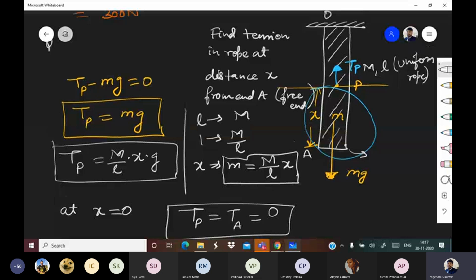Capital MG. Why? Because if you are cutting the rope at point O, entire rope will fall. And as entire rope is falling, the tension will be due to the whole of the rope.